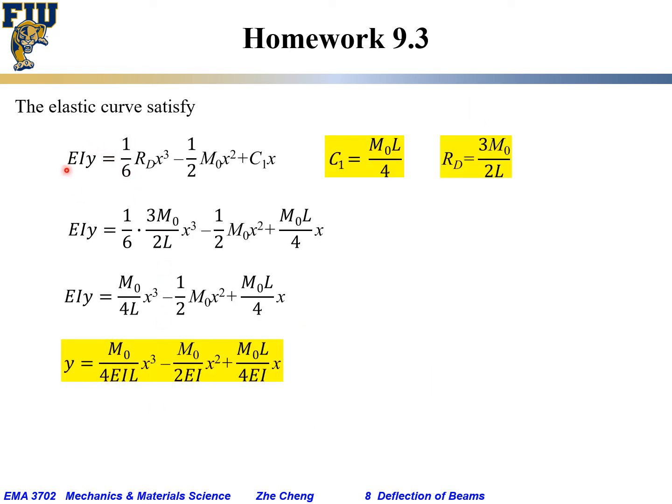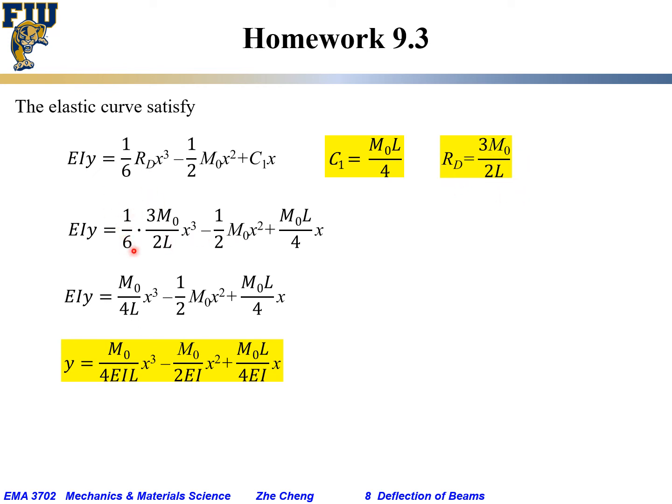Earlier we said the elastic curve satisfies EI y, deflection, is 1 over 6 RDX cube minus half of M0X square plus C1X, and C1 from the previous page is M0L over 4, and RD is 3M0 over 2L.